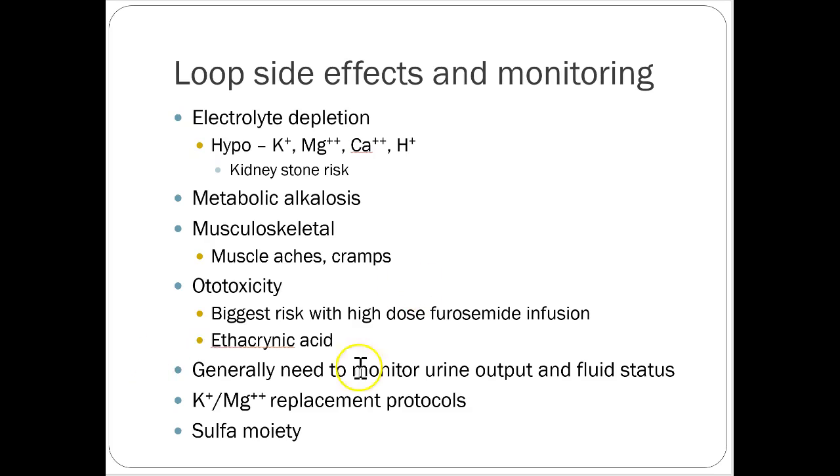All right, and then as far as electrolyte replacement goes, generally when anyone's on a loop diuretic chronic regimen, they're going to be taking potassium daily. So this usually corresponds to 10, 20 milliequivalents of potassium is what they're going to be taking daily, and that can be titrated based on labs and things like that. But it's rare to see somebody on a daily loop diuretic without potassium as well.